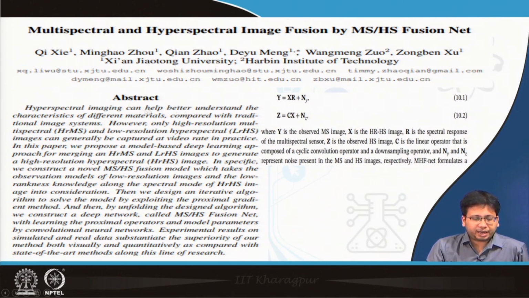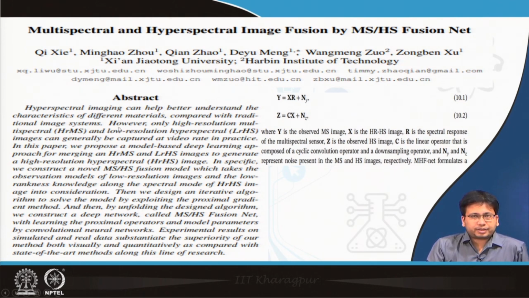Hyperspectral imaging can help better understand the characteristics of different materials compared with traditional image systems. However, only high resolution multispectral and low resolution hyperspectral images can generally be captured at video rate in practice. So, as far as spatial resolution is concerned, these two technologies, hyperspectral and multispectral, have complementary strengths.